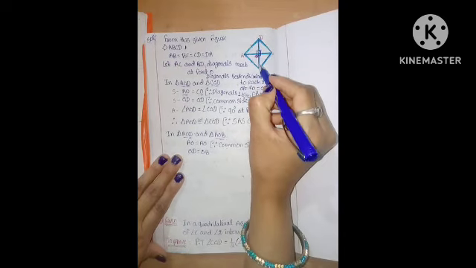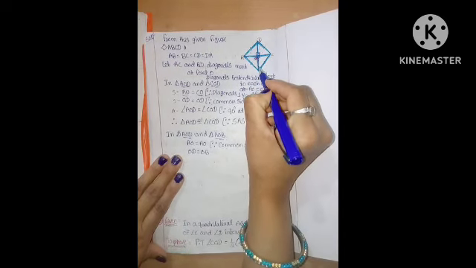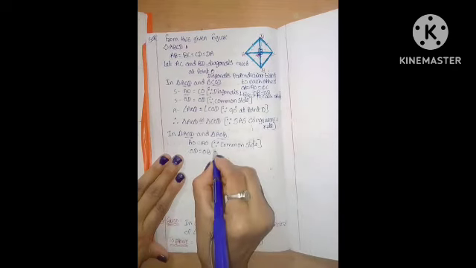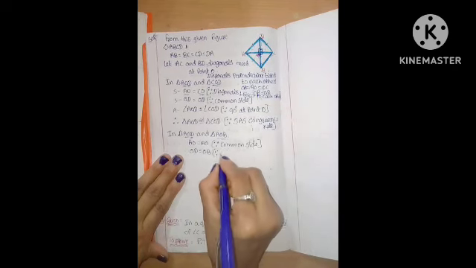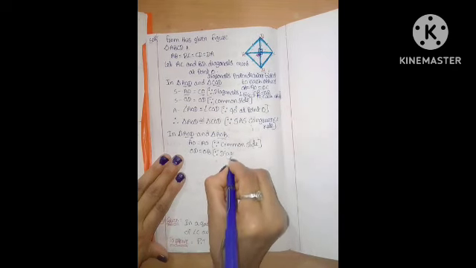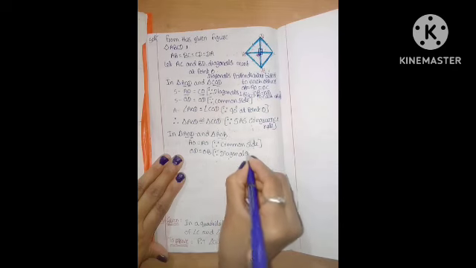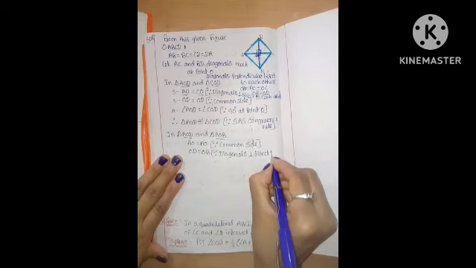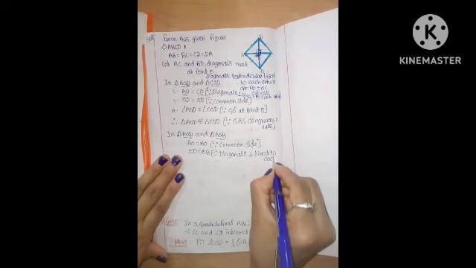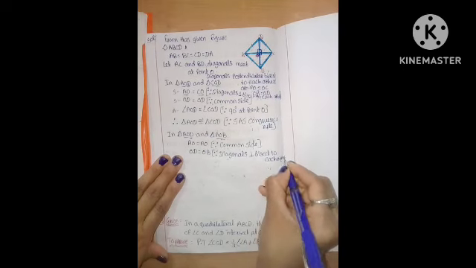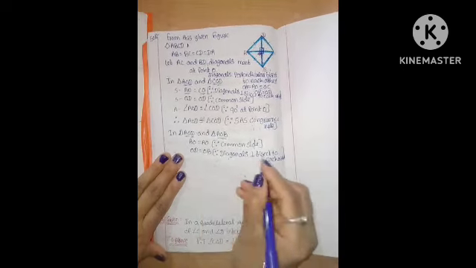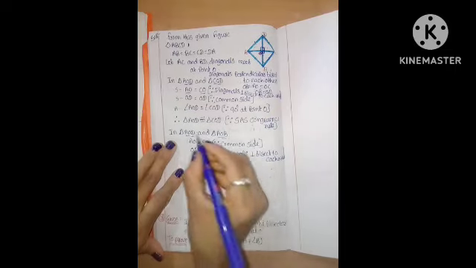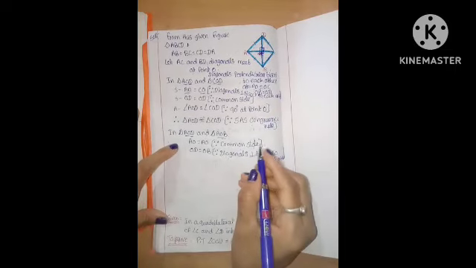Why is it equal? Because the diagonals are perpendicular bisectors of each other. So these two are equal. Next, what about another angle?